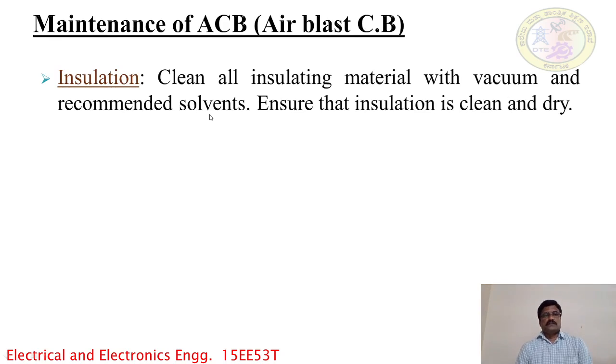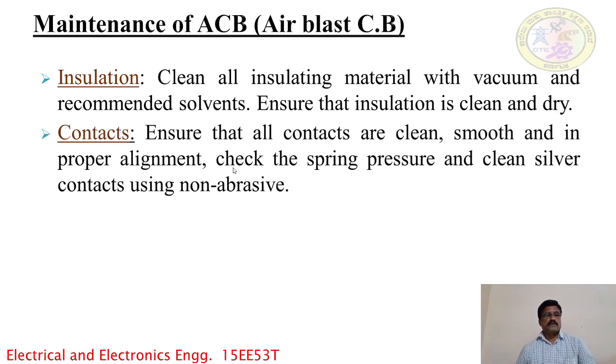Clean all the insulating material with a vacuum and recommended solvents. Ensure that the insulation is clean and dry. The recommended solvent can be used to clean the insulating surfaces as required. The second one, contacts.